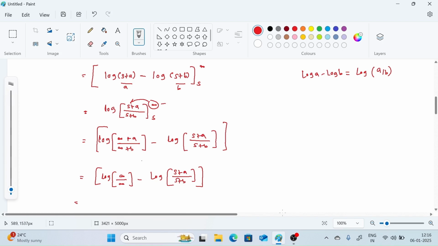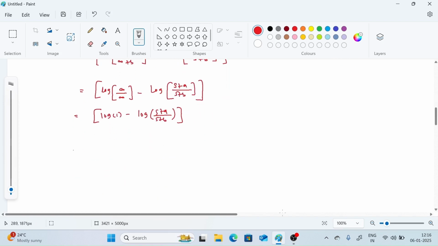After further simplifying it, I can write log of 1 minus log of s plus a upon s plus b, right? Now, what is the value of log 1? Log 1 is 0, minus log of s plus a upon s plus b, right?